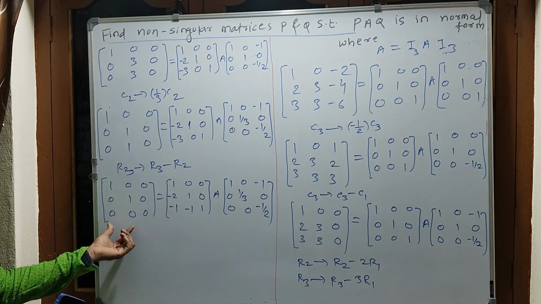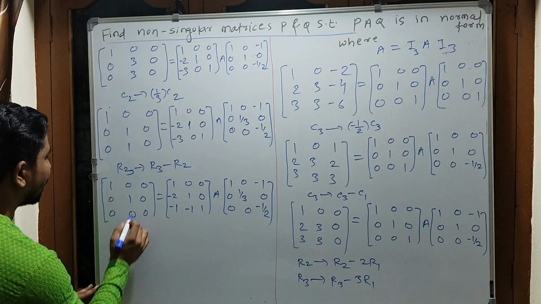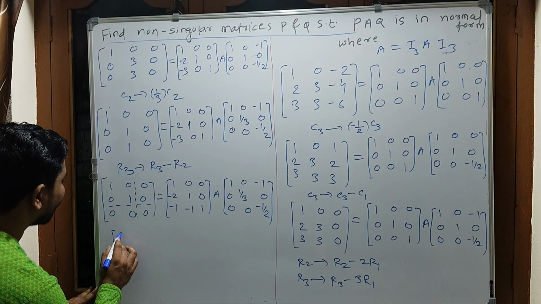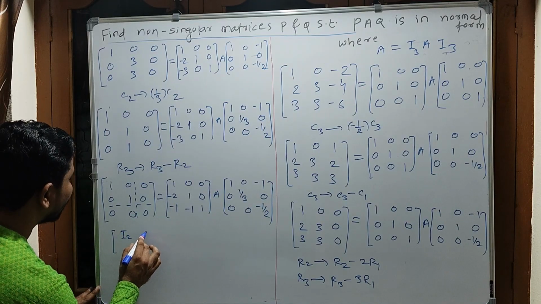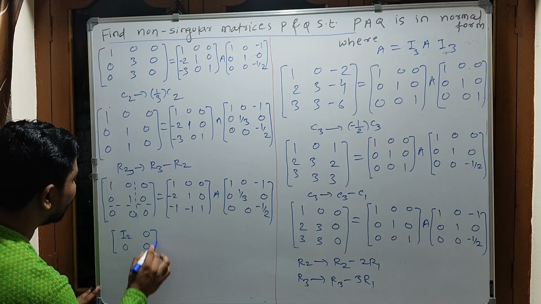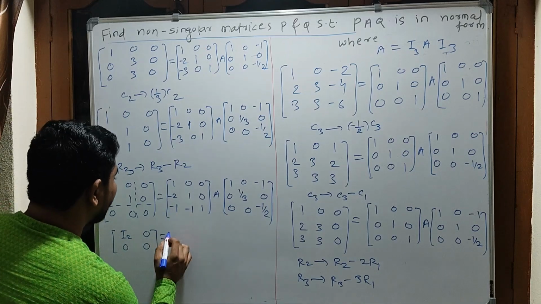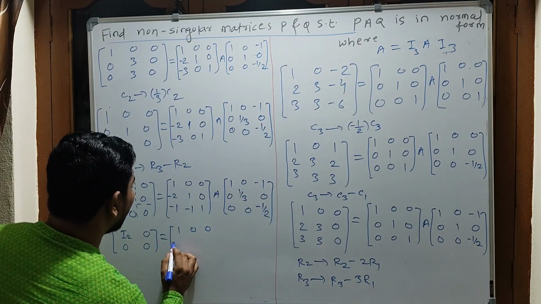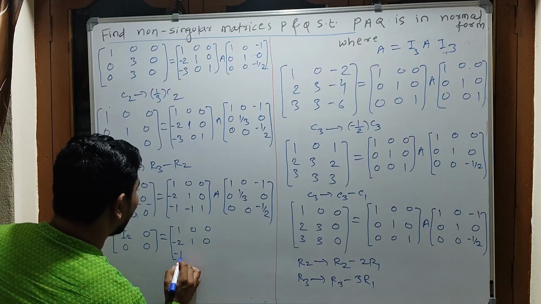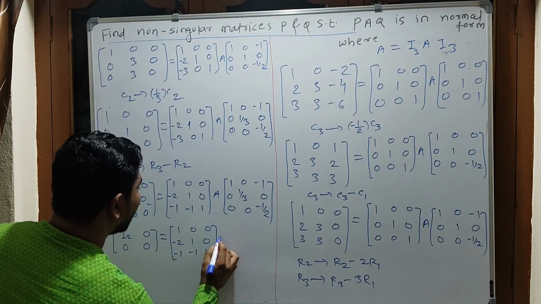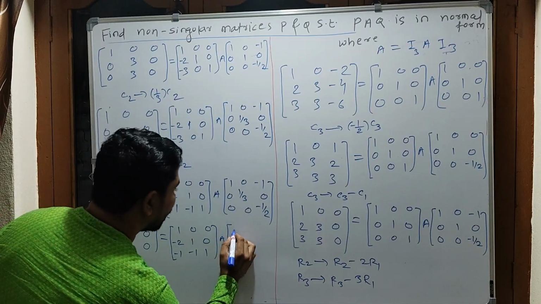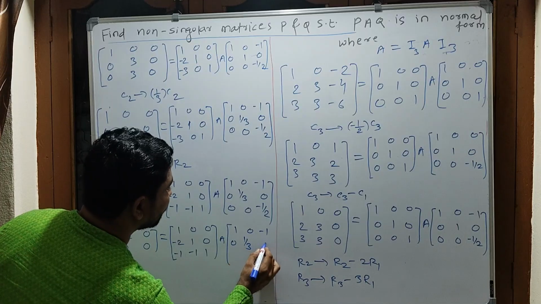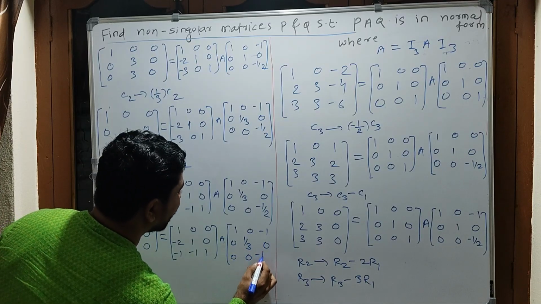Now this matrix is converted into the normal form. So can I write this as, here I am making the block. This matrix is in the form of I 2 0 0, and this is 0, which is equal to this matrix: 1 0 0, minus 2 1 0, minus 1 1 A, and here this is 1 0 minus 1, 0 1 by 3 0, 0 0 minus 1 by 2.